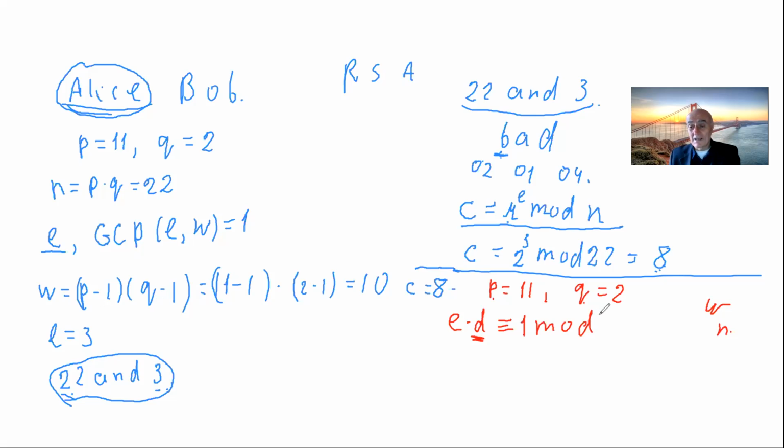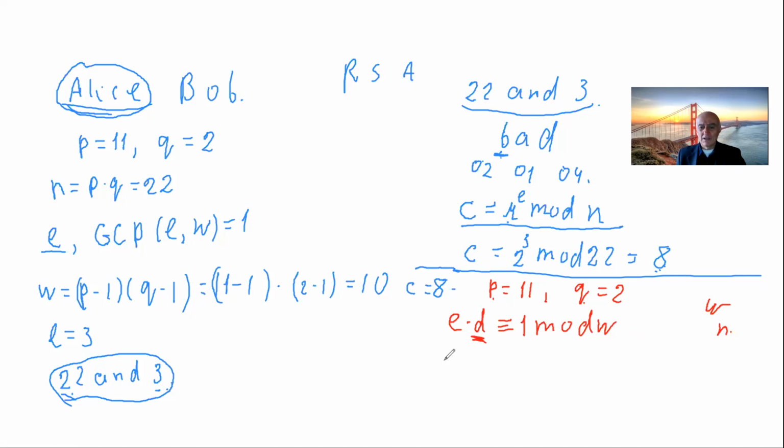It must be W, because if it were N, everyone who knows the elementary modular arithmetic and number theory we covered last week can find the number D. But only one person must know how to find it, because only she knows P and Q, and only she can find W.